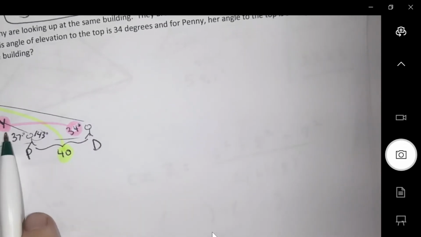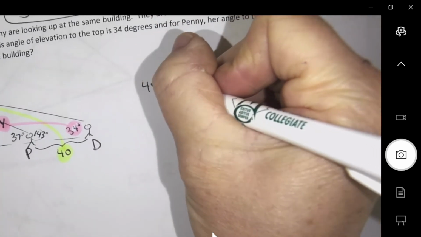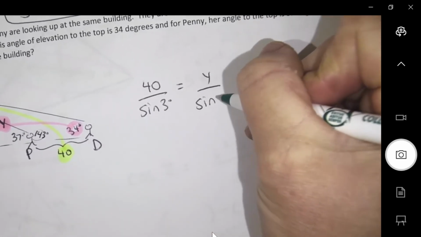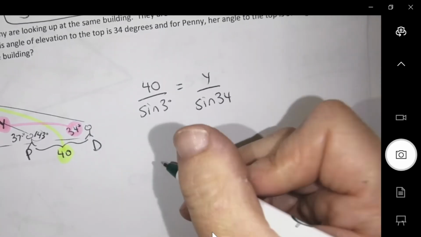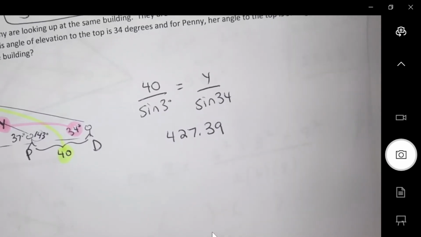Okay, can you get me this side length on the Y? So 40 over sine 3 and Y over sine 34. That would be that setup. And you got your system of timesing and dividing down. So basically when I was doing that, I was just looking at that triangle.